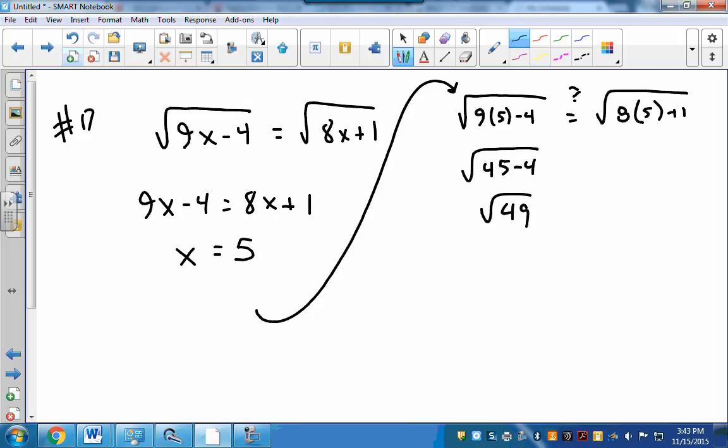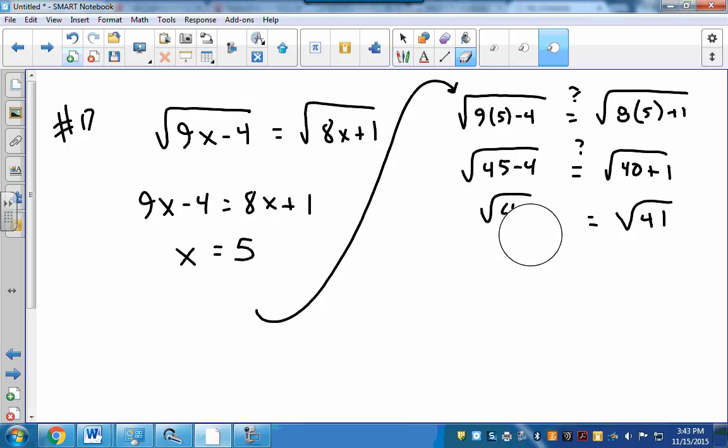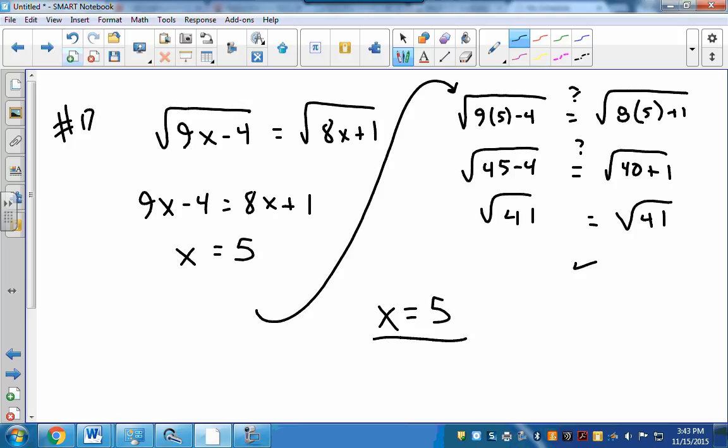And that's supposed to be equal to the square root of 40 plus 1, and square root of 41. Oh, that's not right. Where did I go wrong? No, I can't subtract. I added. Square root of 45 minus 4 is the square root of 41. So yes, the square root of 41 does equal the square root of 41. So the answer is 5. Okay, that is the solution.